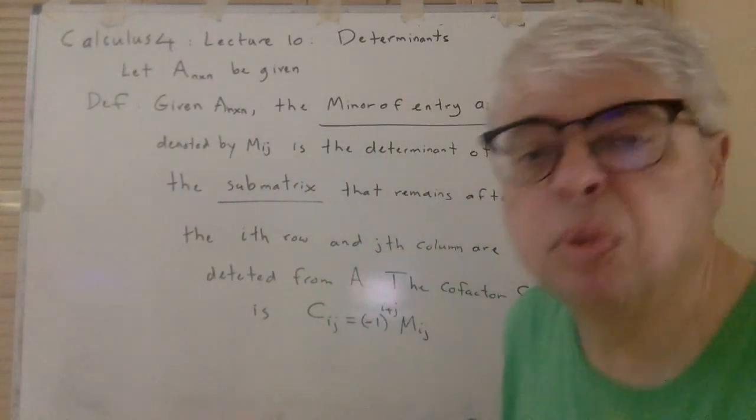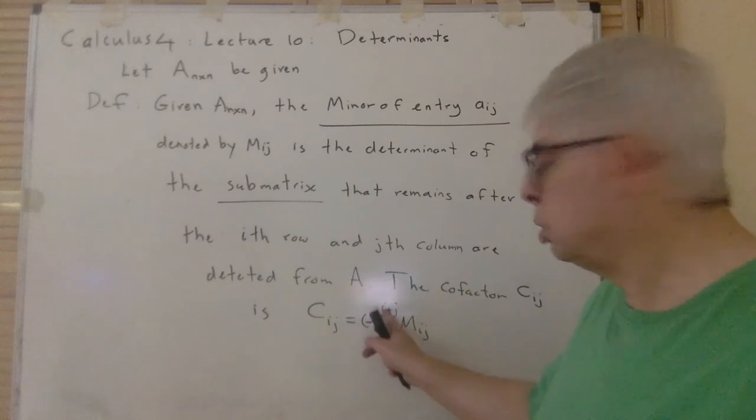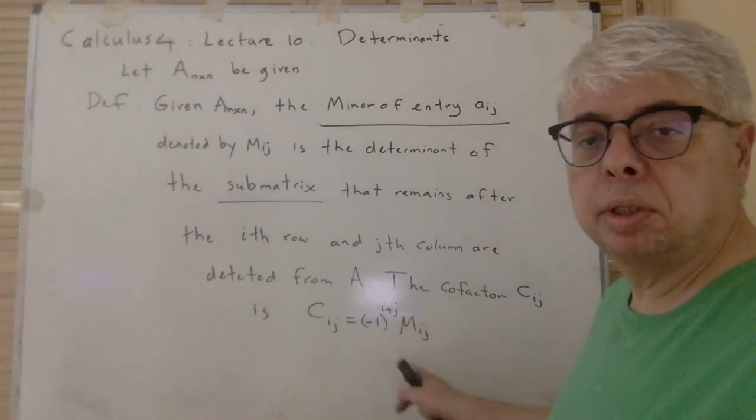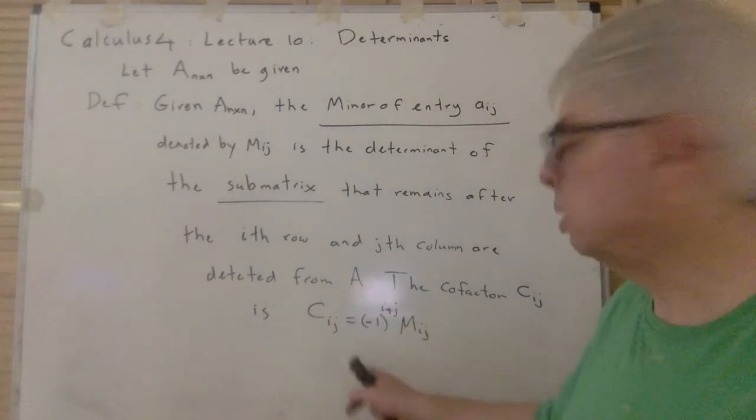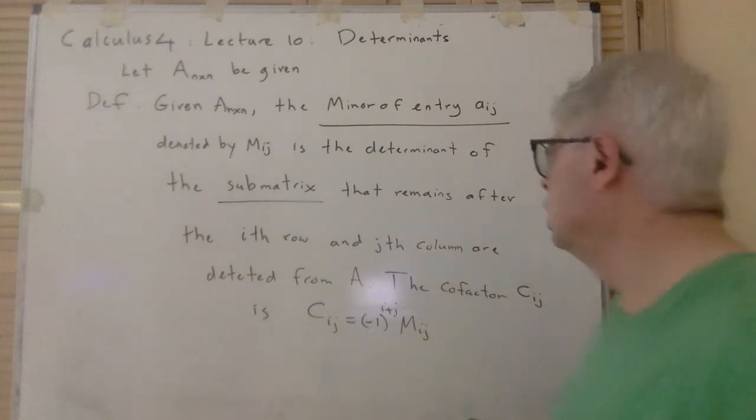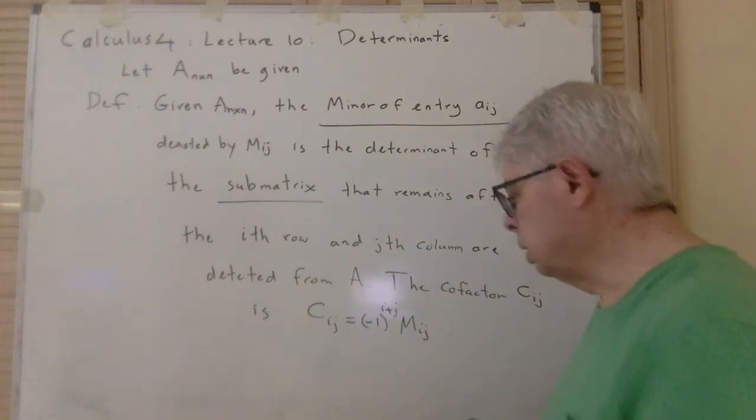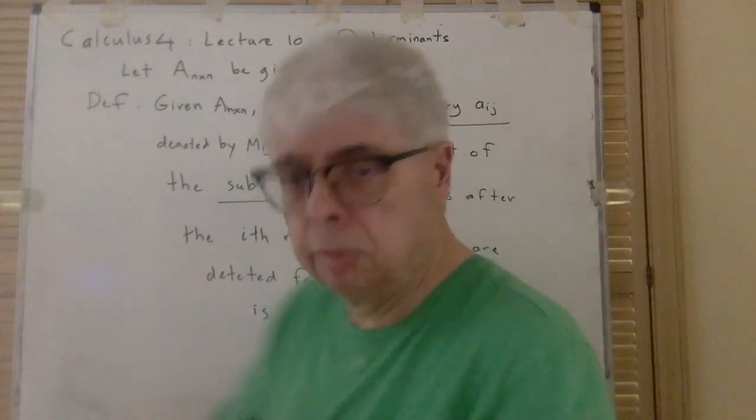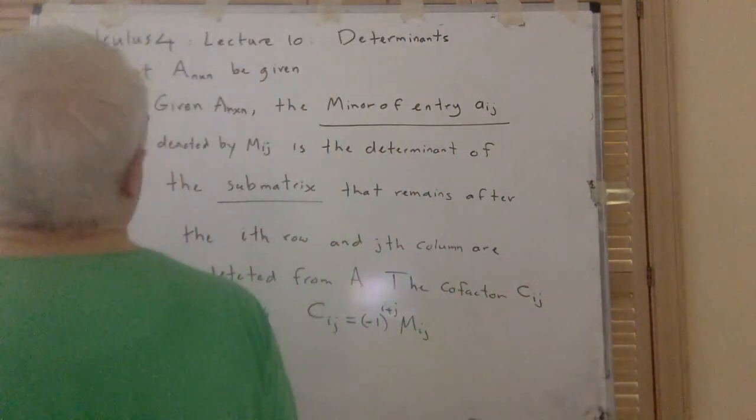Let me see if you can see that. So this is i plus j here: i plus j, Aij, Mij, and this is Cij. Let me give you an example of this.